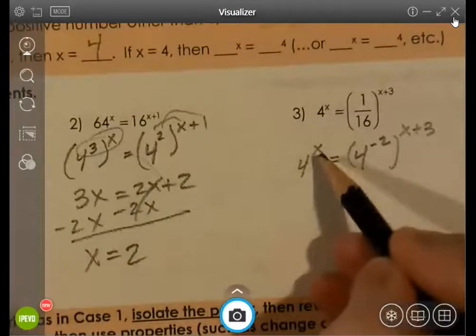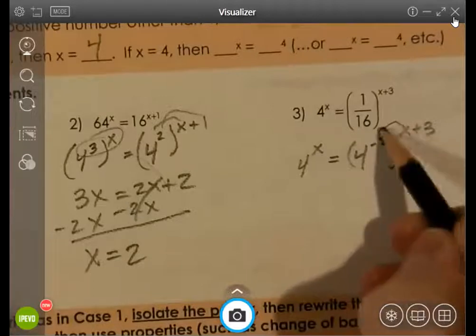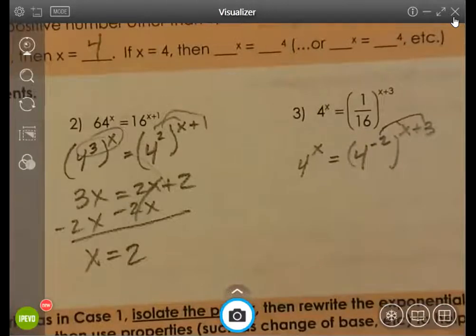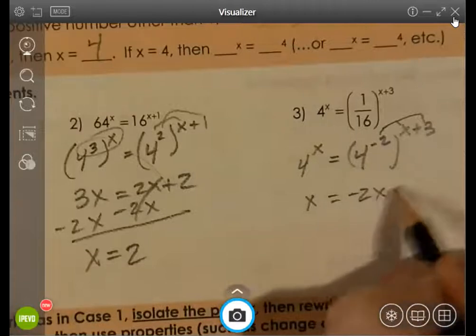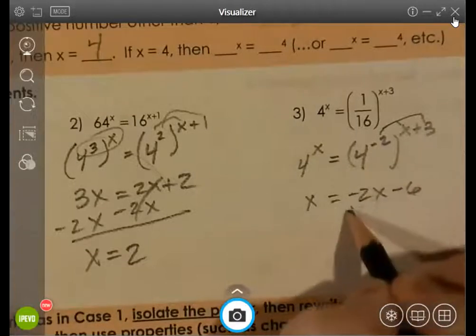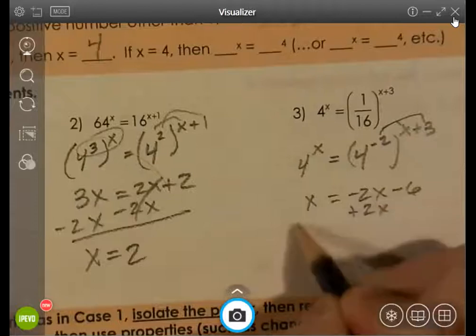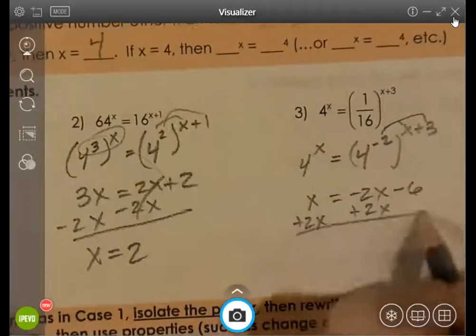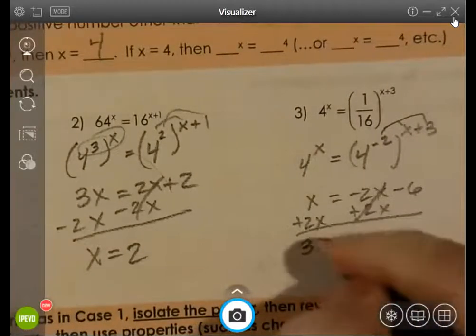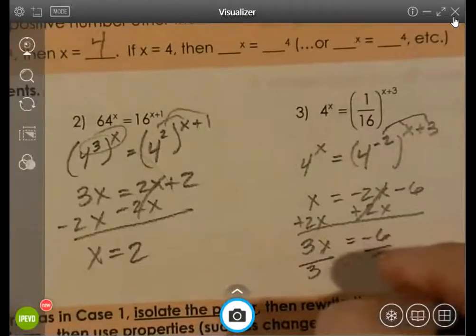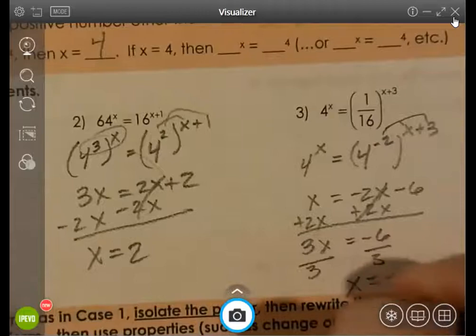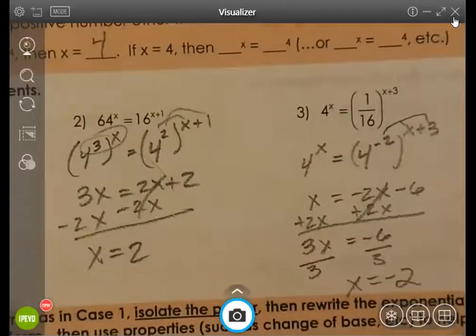Nothing to multiply here, but here when you multiply them, you have to distribute correctly. So we have x equals -2x minus 6. So here we get -2.